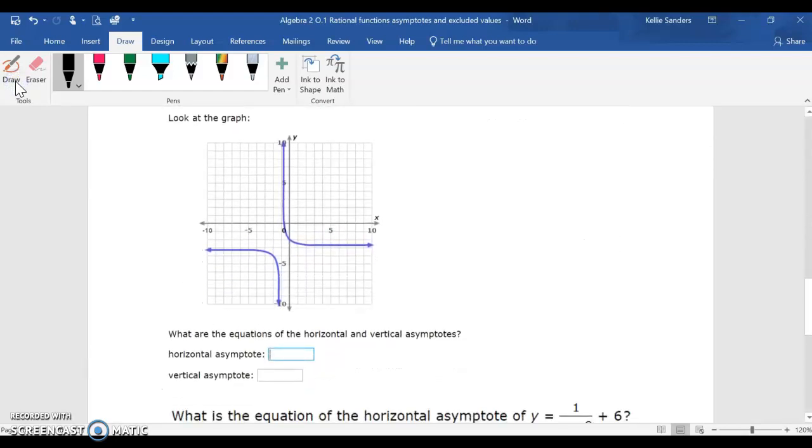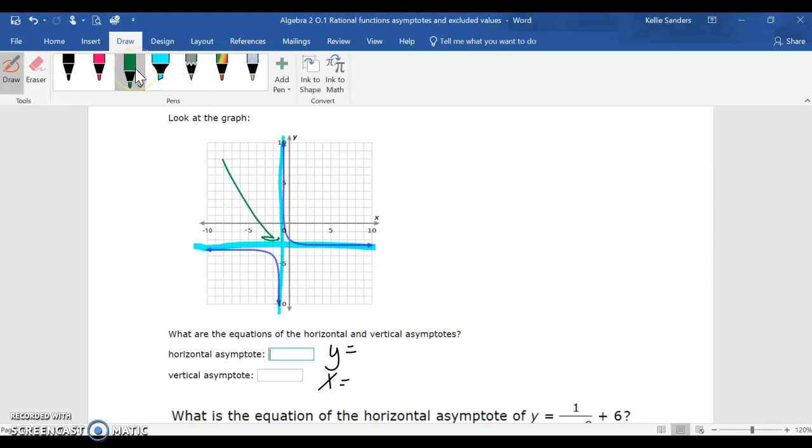Look at the graph. What are the equations of the horizontal and vertical asymptotes? Horizontal, remember, is y equals, and vertical is x equals. So don't put the zeros, because I haven't even looked at the graph yet. y equals and x equals. Let's find our imaginary borders. See right there?